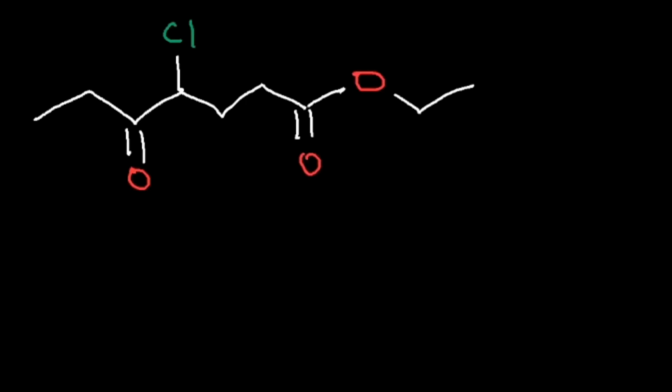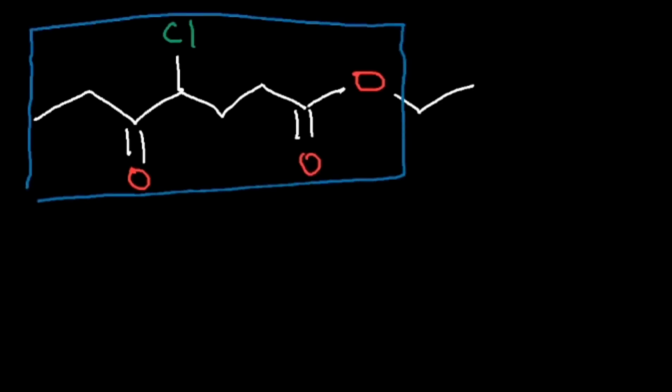Try that one. Go ahead and name this particular molecule. So let's focus on the ester. The portion of the ester that has the 2 oxygens is the portion on the left side, and the right side just has 2 carbons, 1, 2. So we're going to name the part that doesn't have the two oxygens first.